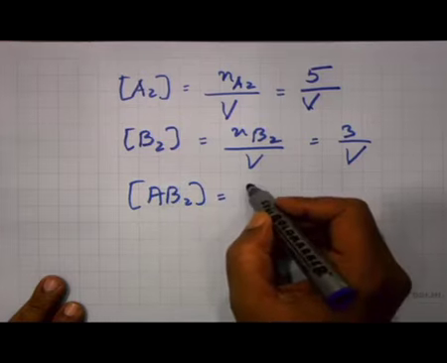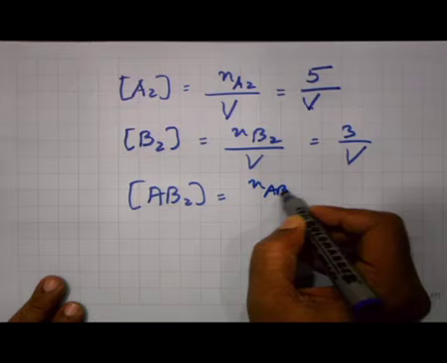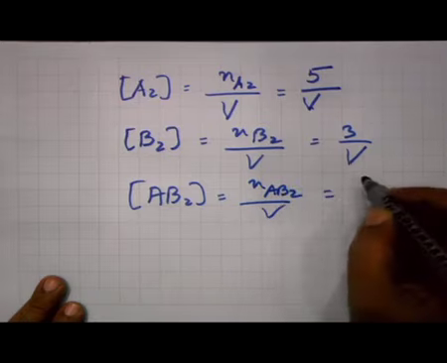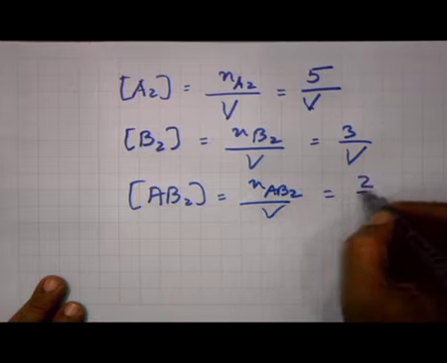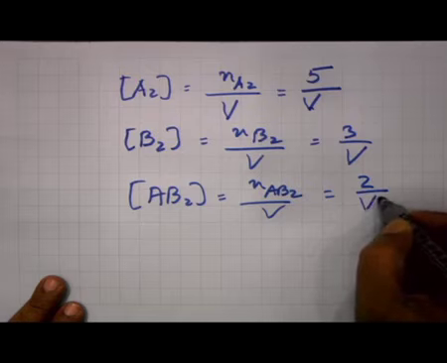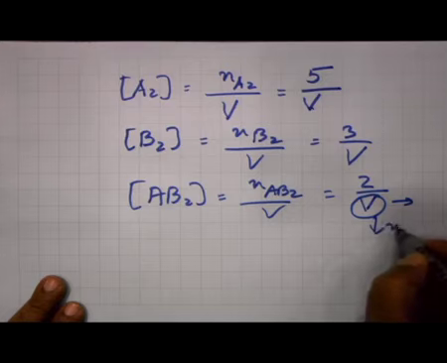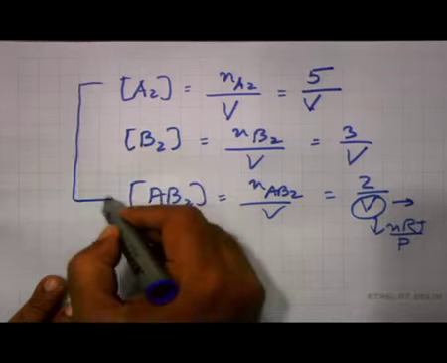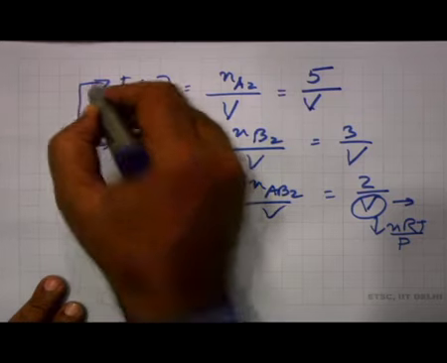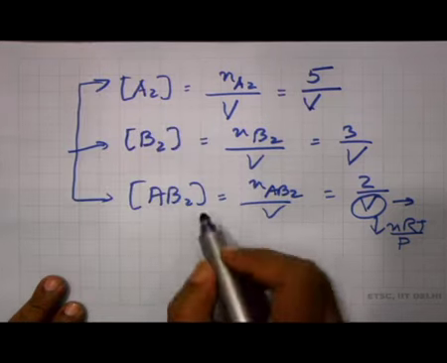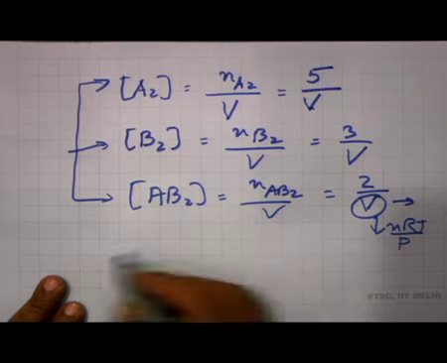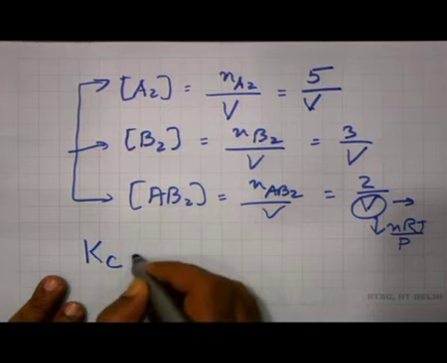We know that the number of moles of AB2 is 2, so just divide by V, which we calculated from nRT by P. Now, we are able to calculate the concentrations of A2, B2 and AB2, and it is easier to calculate Kc.